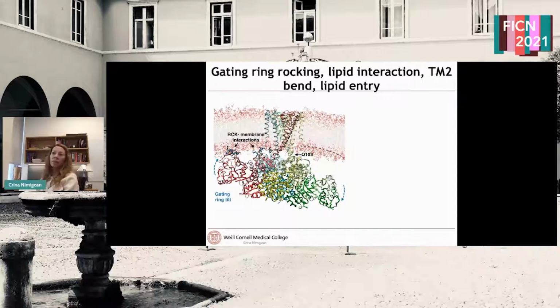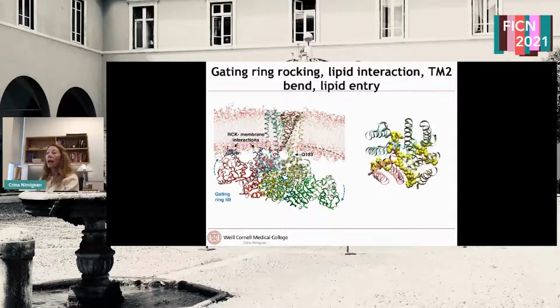And this is a summary of what we saw in the MD simulations. We saw the gating ring rocking, lipid interactions with the C-linker and the gating ring, a bend of the TM2, like I just said, allowing these glutamines to be further apart than in the original structure. And also we saw lipid entry through those fenestrations.